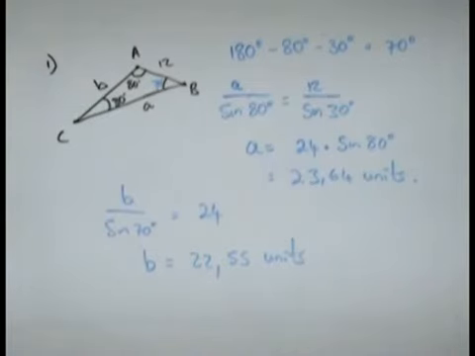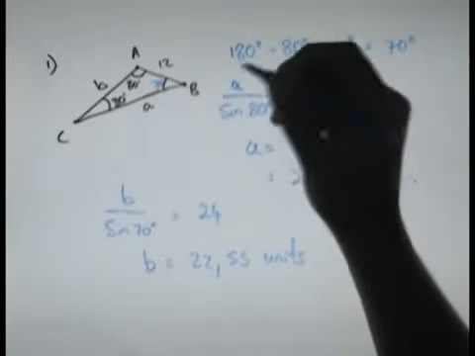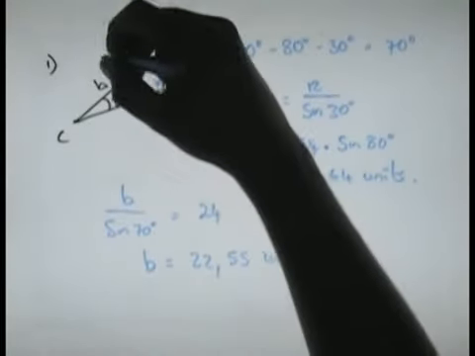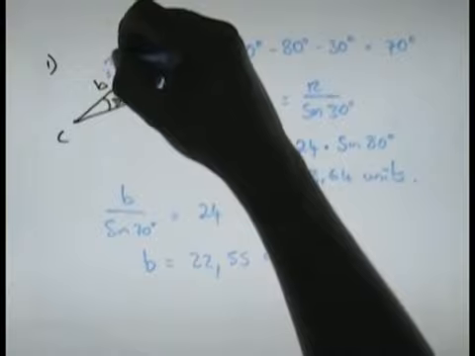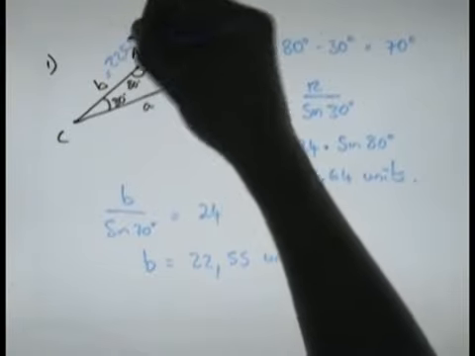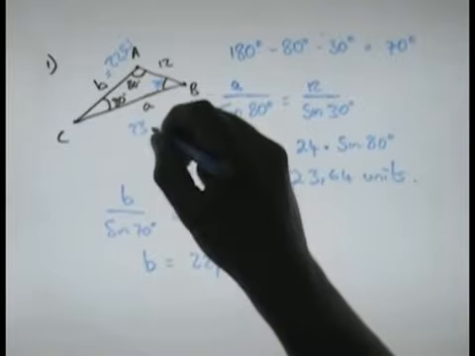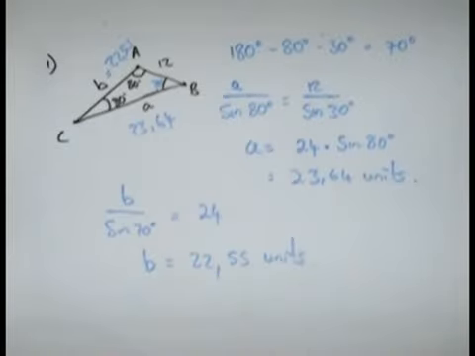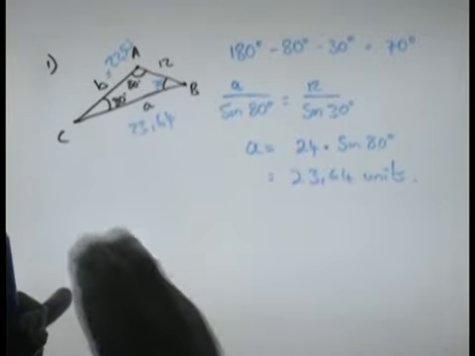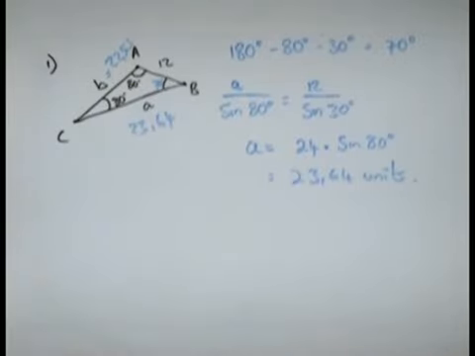And that is side A, B and C calculated. B is 22.55 and A is 23.64. The next thing that I asked you to do, I said calculate the area of triangle ABC.